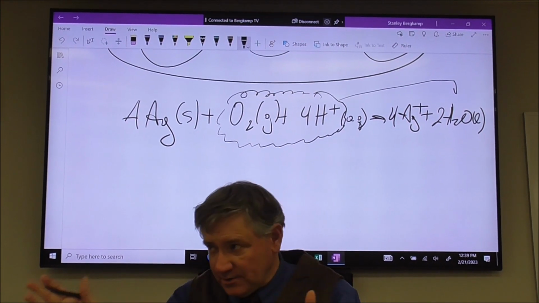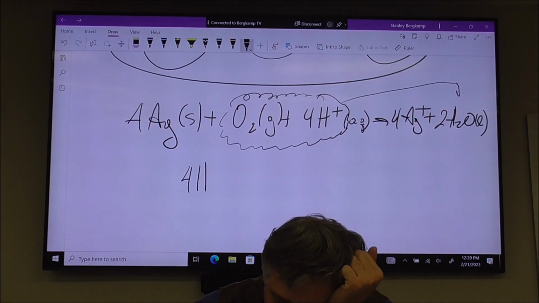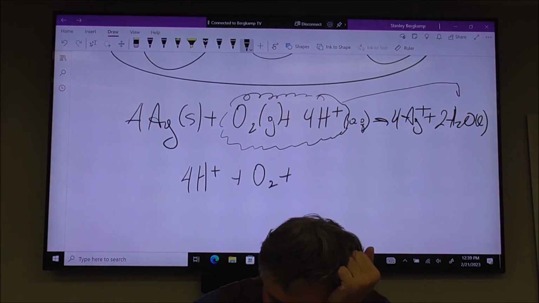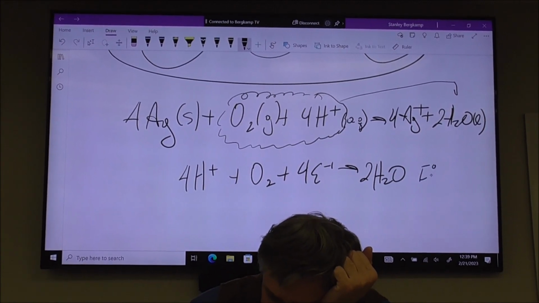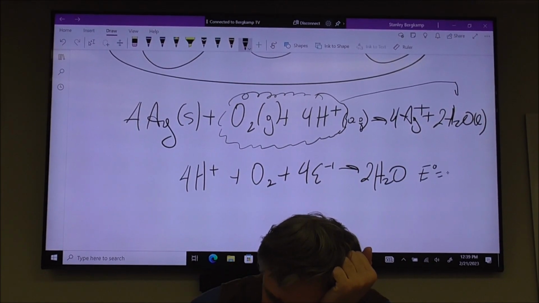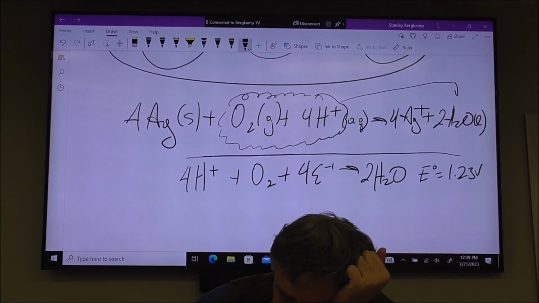We're going to be dealing with water later on. So with this one, you have 4H+ plus O2 plus 4 electrons yielding 2H2O. And that has an E naught value of 1.23 volts.